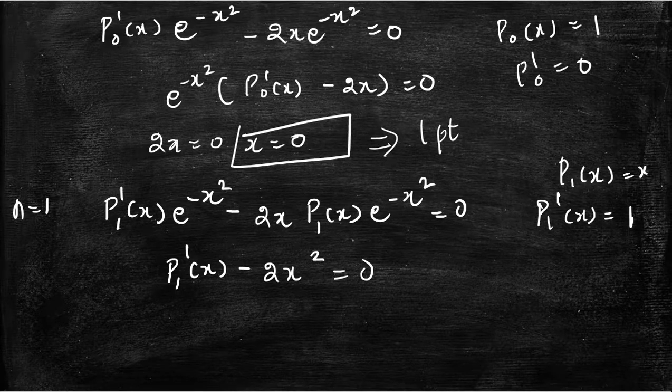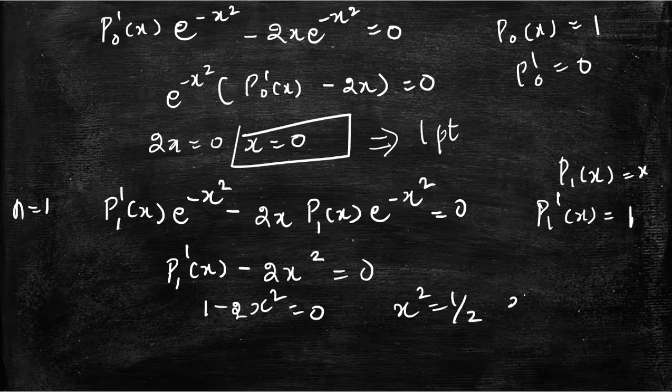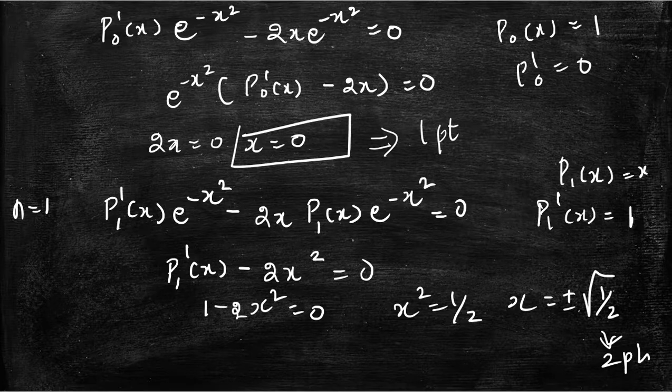On differentiating, I get 1. So 1 minus 2x square will be 0. So x square will be half. So x can be plus or minus root 1 by 2. So now this has 2 points. For n equal to 1, it has 2 points. If you then check for n equal to 2, you'll get 3 points.